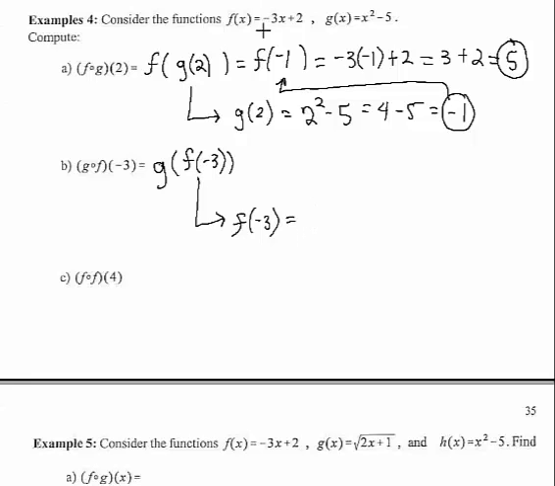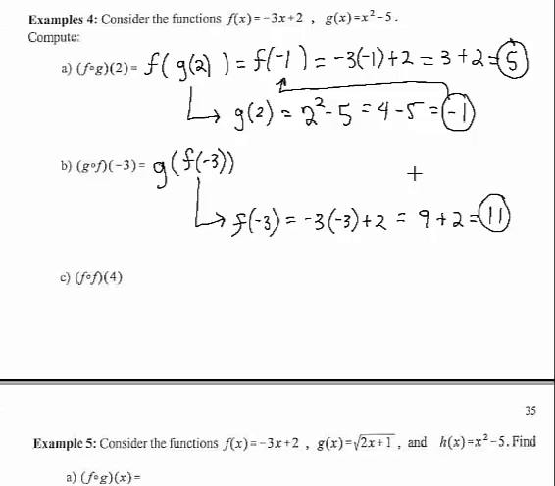Same expression that we used for a. We have negative 3, replace the x with the negative 3, and then we add 2. Negative 3 times negative 3 is a positive 9. 9 plus 2 is 11.